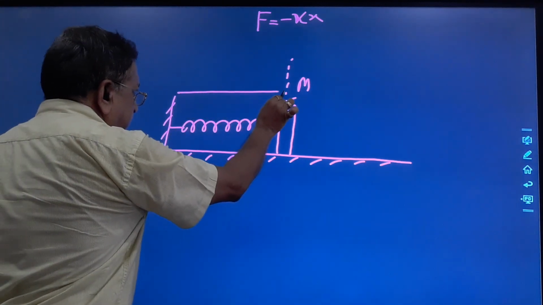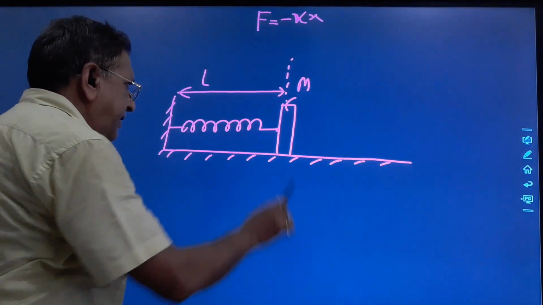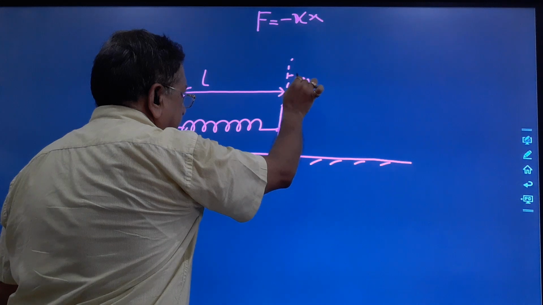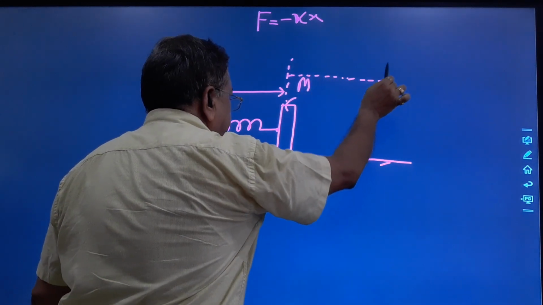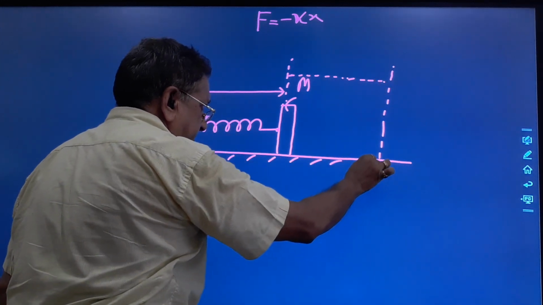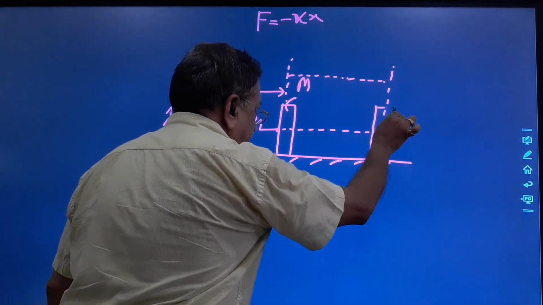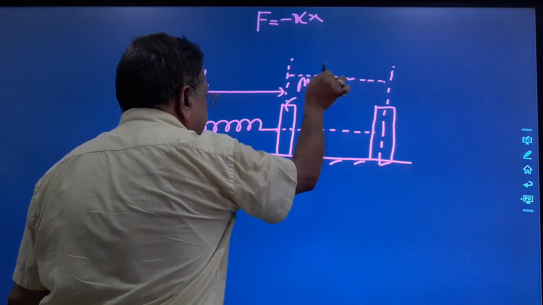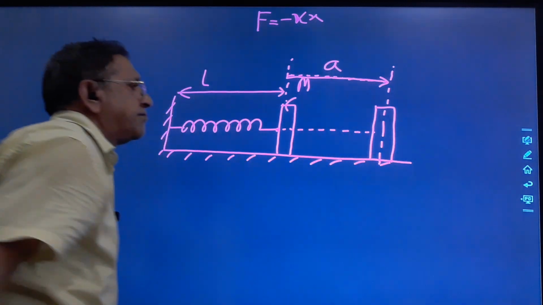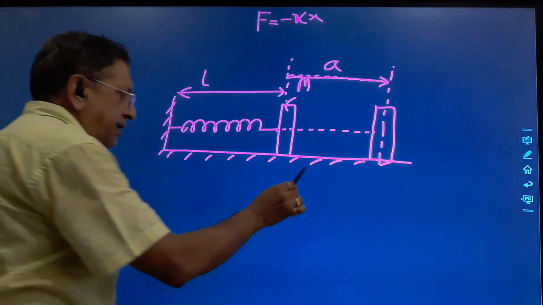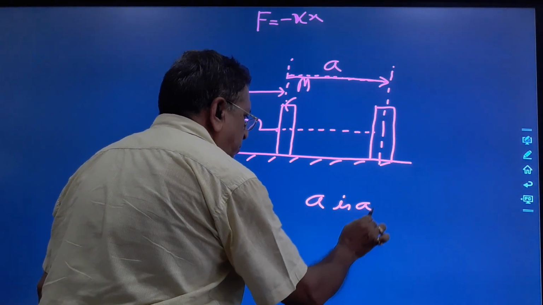The natural length of the spring is equal to capital L. If we displace this mass up to a distance A, A is the amplitude.